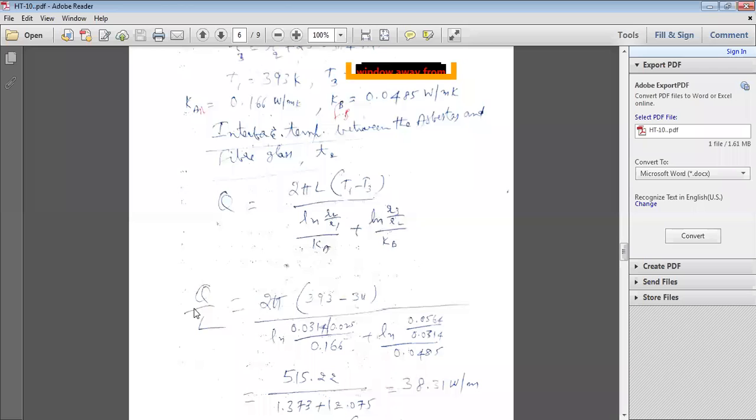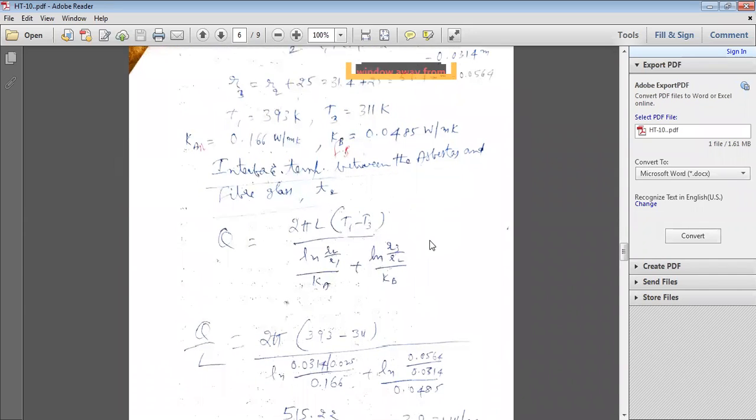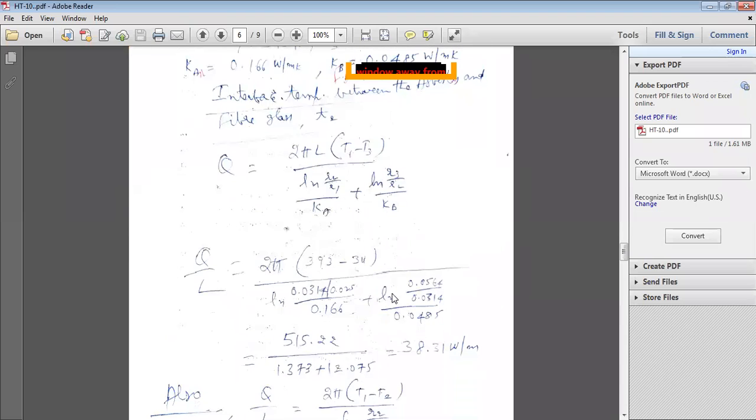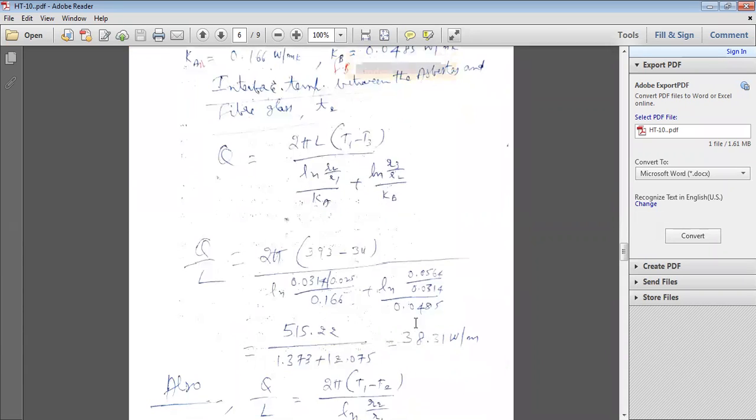That's why, for unit length, Q by L is equal to 2 pi into T1, given as 393, minus T3, given as 311, divided by Ln R2, 0.0314, divided by R1, 0.025, divided by the thermal conductivity of the asbestos, 0.166, plus natural log of R3, 0.0564, divided by R2, 0.0314, divided by the thermal conductivity of the fiberglass, 0.0485.